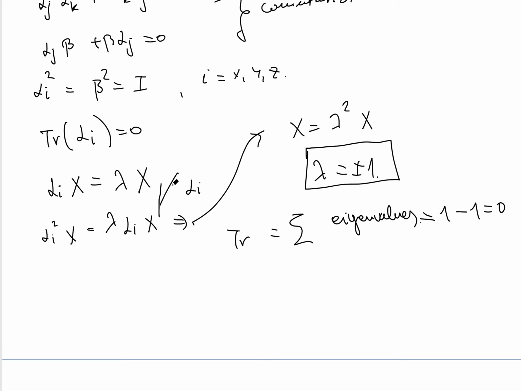Now we know only one kind of matrices that obey these properties, and these are the Pauli matrices. So we can build, later, these alpha i's, which we rename as gamma, which we could now call Dirac gamma matrices, in terms of these Pauli matrices.